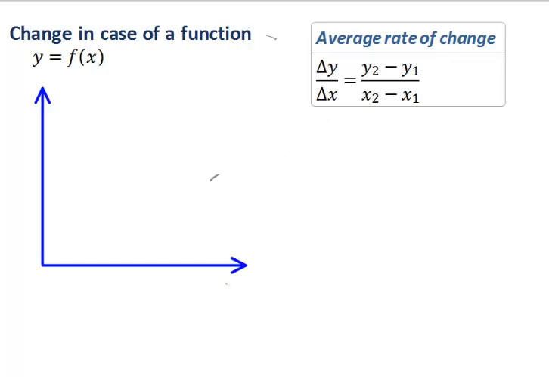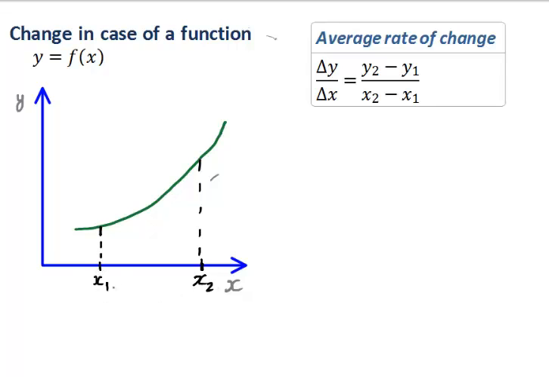We have on this line the x-axis, and on this line, let's say it is the y-axis. And we have a curve in which we have the variation of y with respect to x represented graphically. Let's suppose our initial point of observation was somewhere here, x1 initially, and as x changed, it reached some value here.